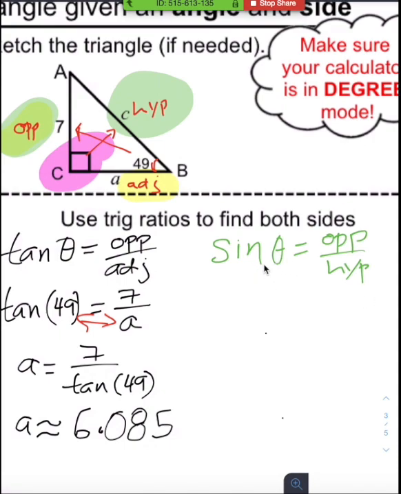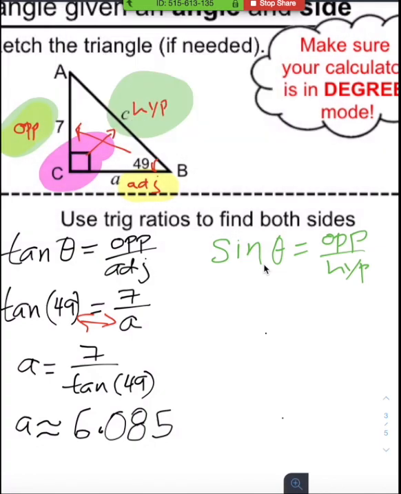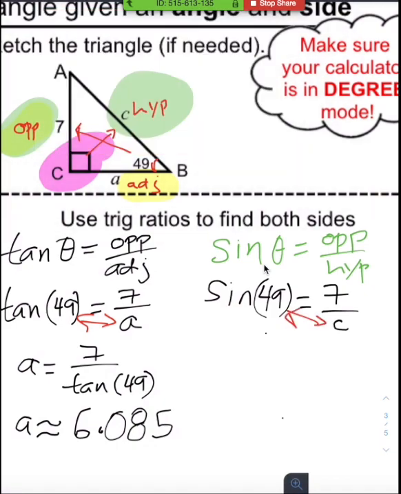So here we go, this is what we have. Now we can write sine of the 49 that we have has to equal the opposite that we have divided by the hypotenuse, which in this case is C. We do our cross multiplying, so we switch the C with the sine, and we get 7 over sine of 49.